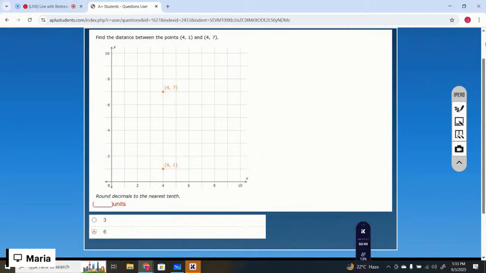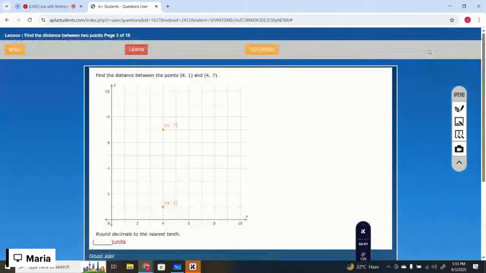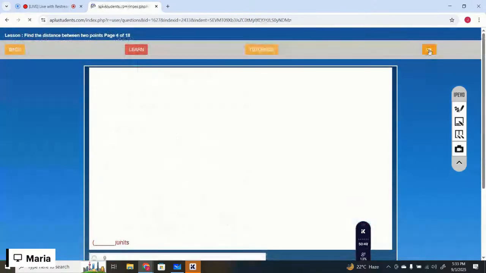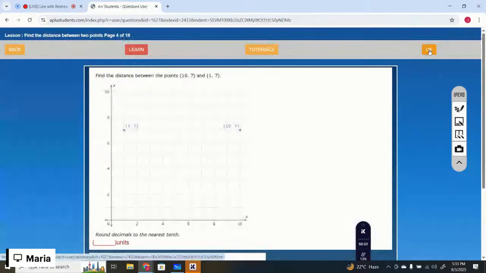Option number 2 is the correct option. Find the distance between the points 10, 7 and 1, 7.